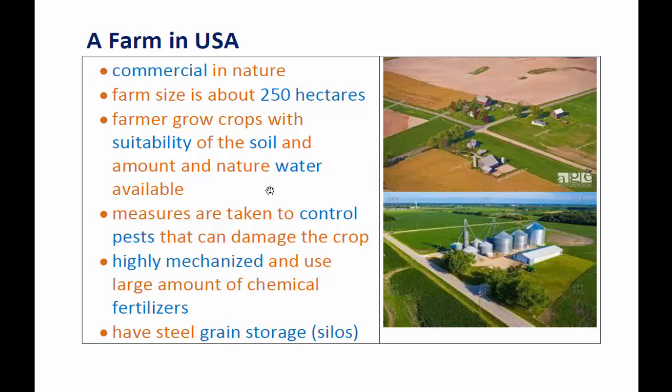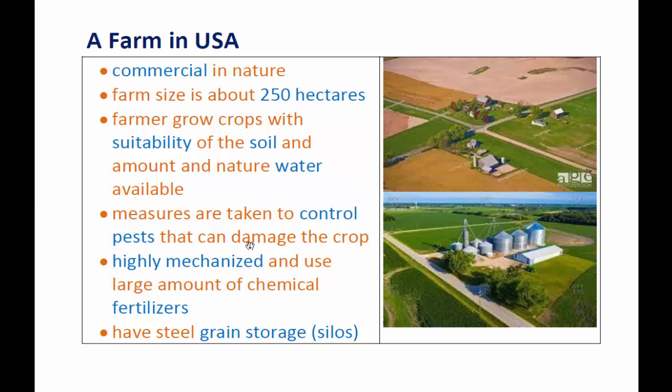All right. So you can see from the picture, they also live in the farm itself. You can see from the picture right here, there are some houses that belong to the farmer. They live in the very farm itself.